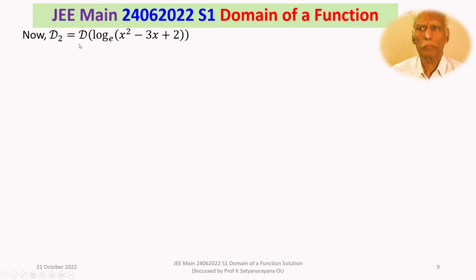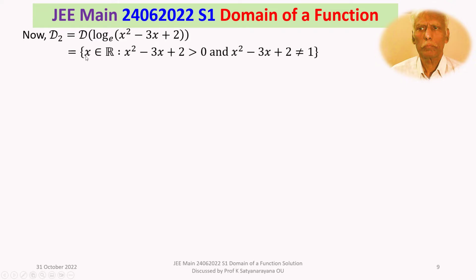D2 is the domain of log to the base e of (x² - 3x + 2). It requires x² - 3x + 2 not equal to 0 and not equal to 1 because it is sitting in the denominator. If it becomes 1, log 1 to the base e will be 0, and division by 0 is undefined, therefore that is avoided.